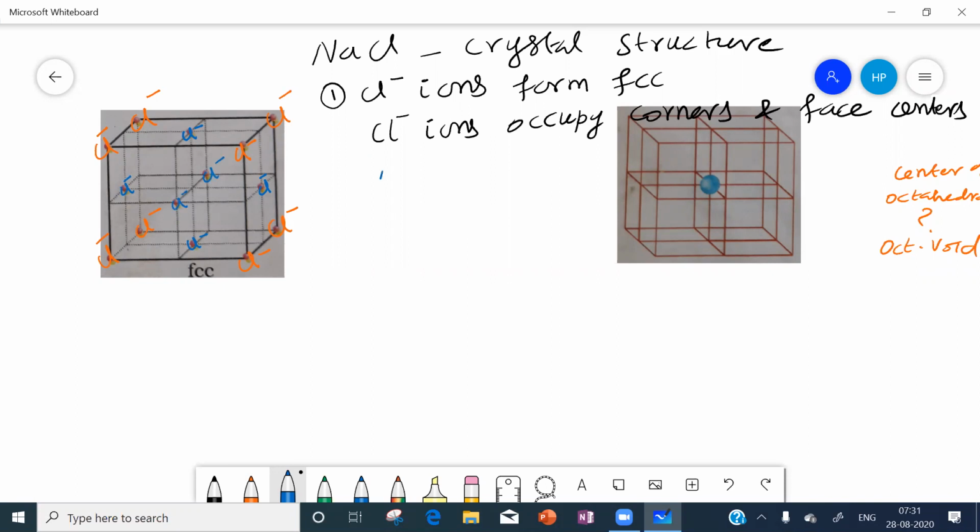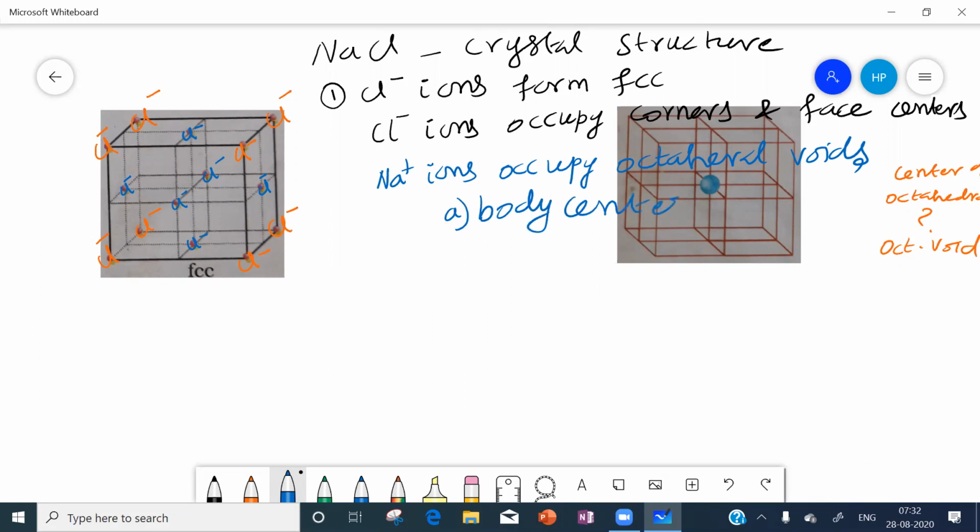Next, regarding Na plus ions, Na plus ions occupy octahedral voids. Octahedral voids means the body center is an octahedral void and the edge centers are octahedral voids.